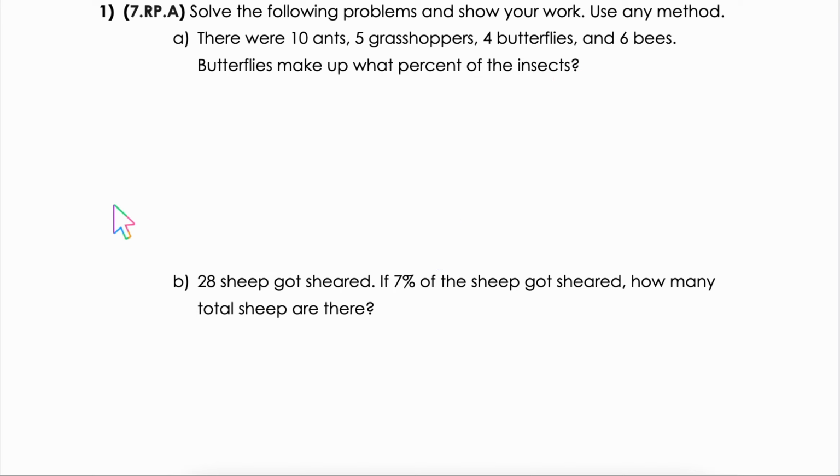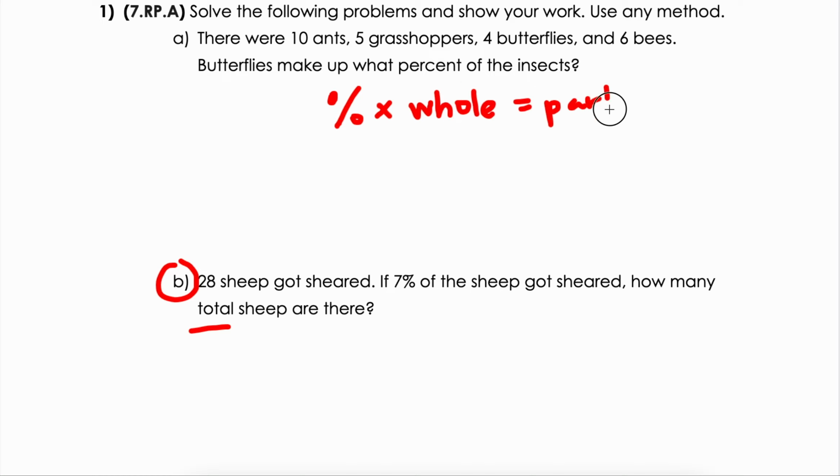Let's look at B. B says that 28 sheep got sheared. If 7% of the sheep got sheared, how many total sheep are there? So let's try method 1 that we've used in class, which is using the formula, the percent times the whole, or total, is equal to the part.